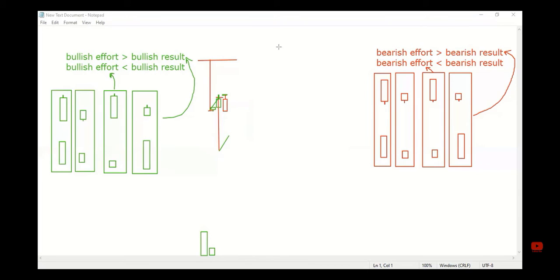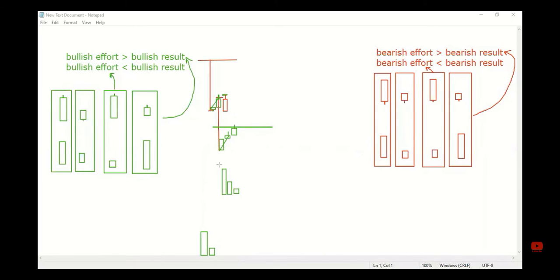It may happen that the first candle is a large one and the second candle is a small one. Or the market may create this type of situation also. This candle volume, this one, this candle volume, this one, and the next candle, this one, this candle volume, this one.